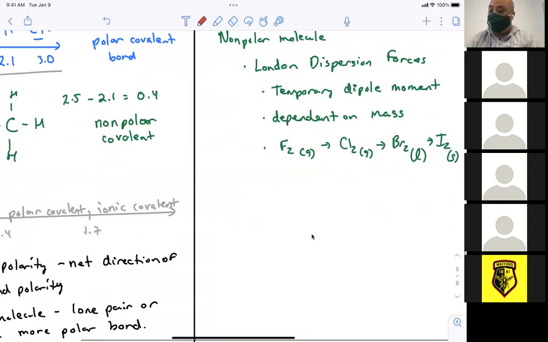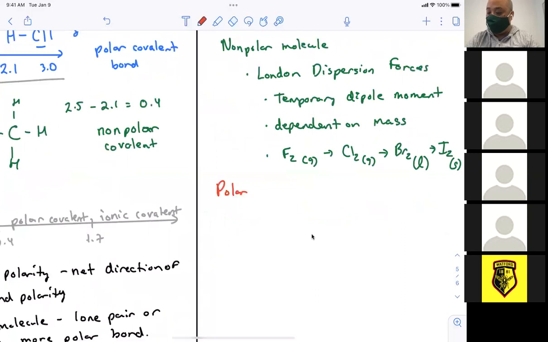Now, with polar molecules, they have LDF. So this is all inclusive. So you include the one above it. So polar molecules have LDFs, and usually that's the tiebreaker if everything else is the same. The LDFs are the tiebreaker.